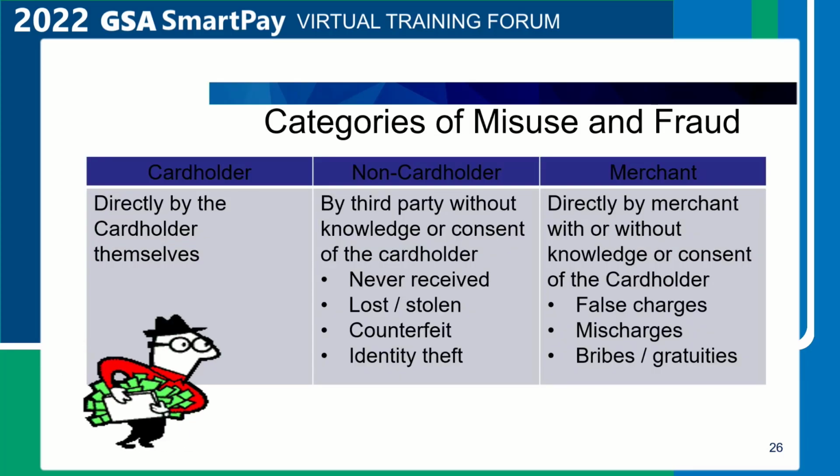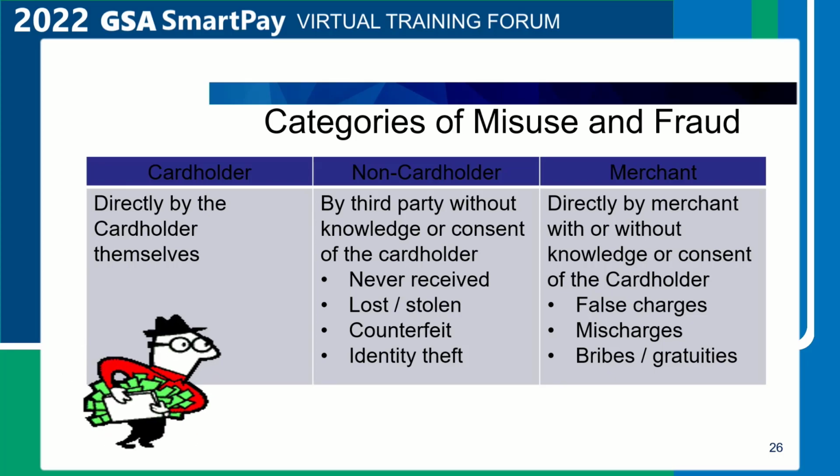Categories of misuse and fraud. One of the roles of all three key players in the purchase card program is to avoid misuse by the cardholder and identify fraud. There are three categories of fraud related to the purchase card. Cardholder misuse and fraud. This is when fraud is committed by the cardholder themselves.